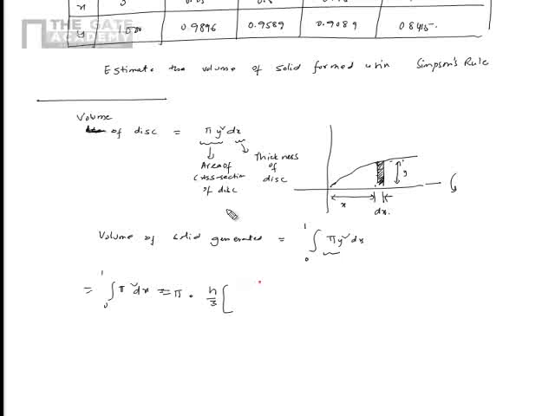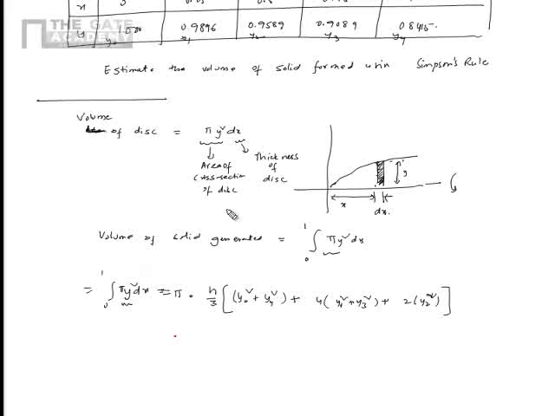This was y0, y1, y2, y3, y4, and you have square terms, so the end terms y0 square plus y4 square, then 4 times the odd terms, which is y1 square, y3 square, and 2 times the even term. The even term is only y2 square, because the function is pi y square dx.